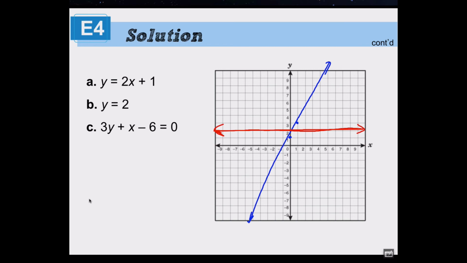What about that guy? Well, to make it easier, can't you convert it into slope-intercept? So it'd be 3y equals negative x minus 6, and then divide by 3.